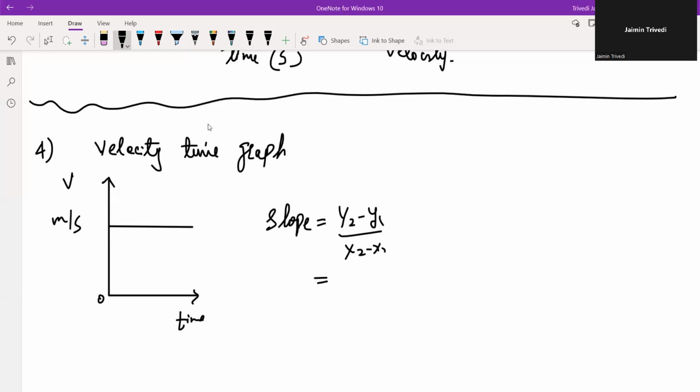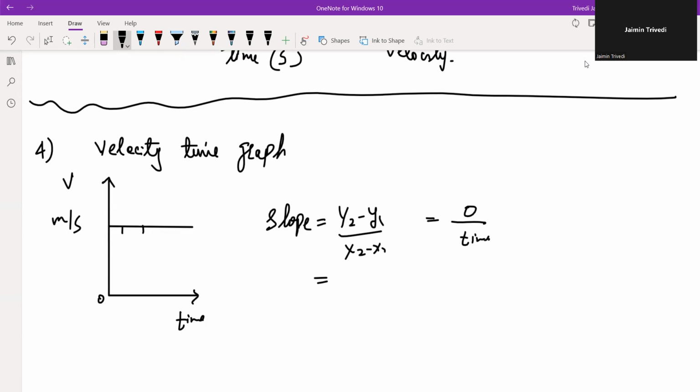Those who didn't understand, see here. No problem. This is moving with a velocity. Let's take this point and this point. The difference in velocity is 0. I didn't say velocity is 0. I said the difference in velocity with respect to time is 0. So if it's like 40 meters per second, then 40 minus 40 is 0.